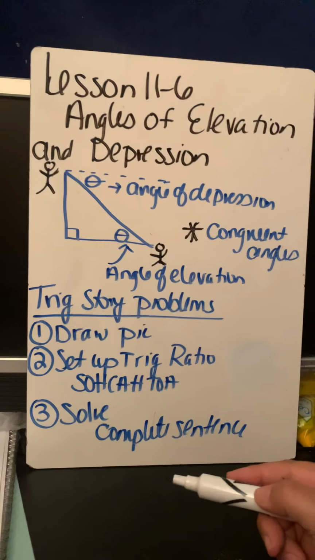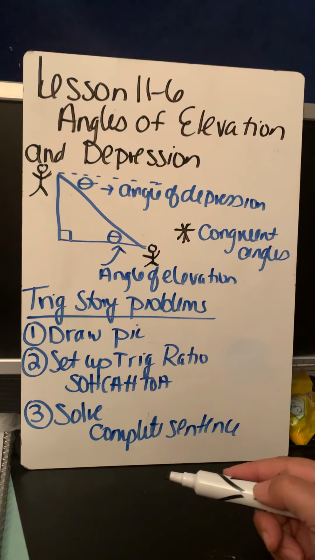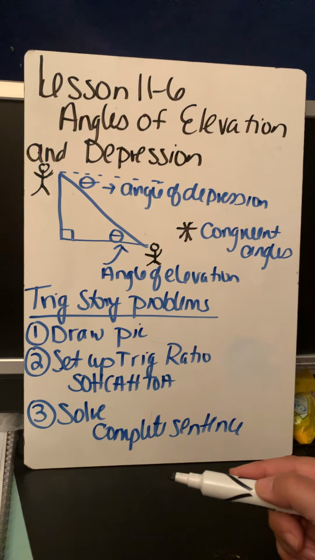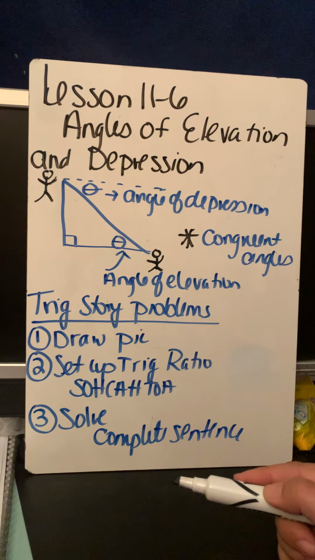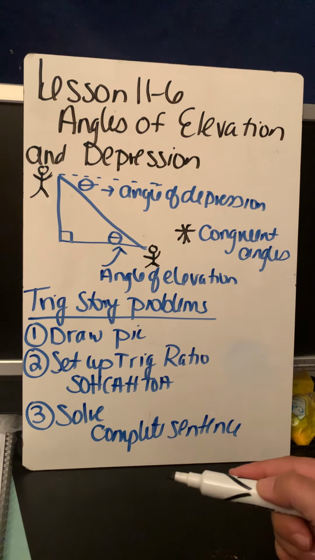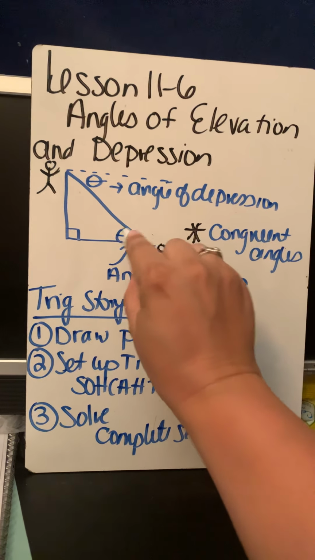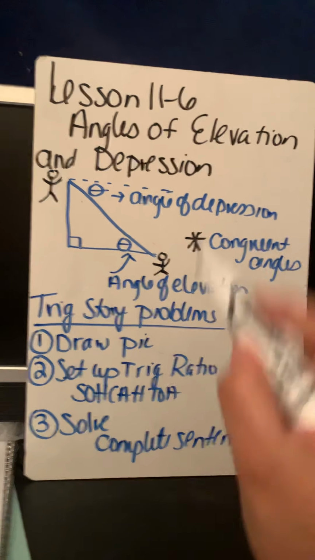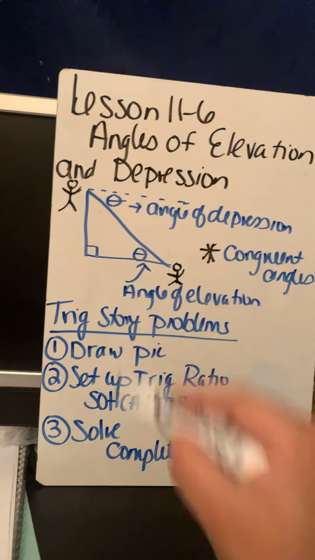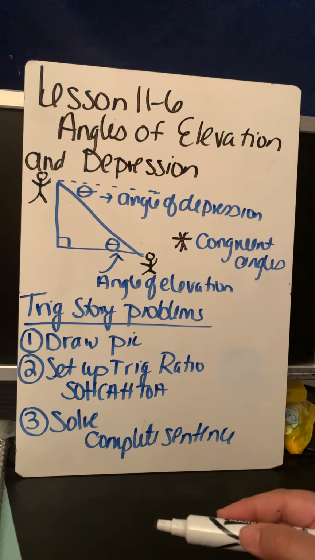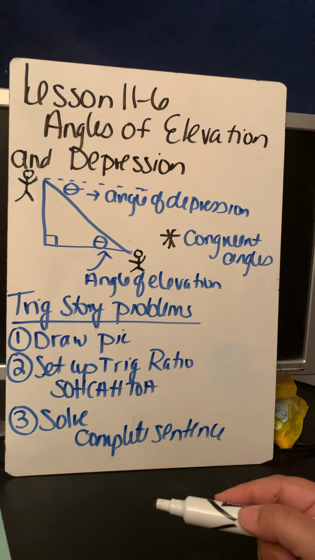They are congruent angles, which means whenever I'm given a trig story problem and they tell me the angle of depression or the angle of elevation, I am always going to stick my theta, or my angle measure, in that bottom corner. Always. And then I find my trig ratios.